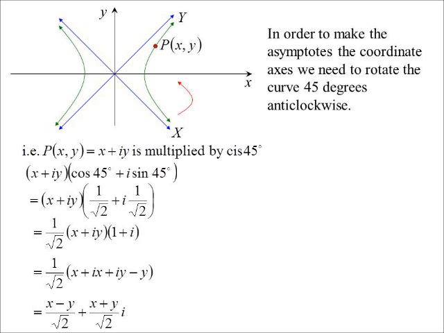The imaginary part is x plus y on the square root of 2. So capital X, because capital X is like my new axis, that's going to be the real part. So the real part was x minus y on the square root of 2. And capital Y is the imaginary part, x plus y on the square root of 2.